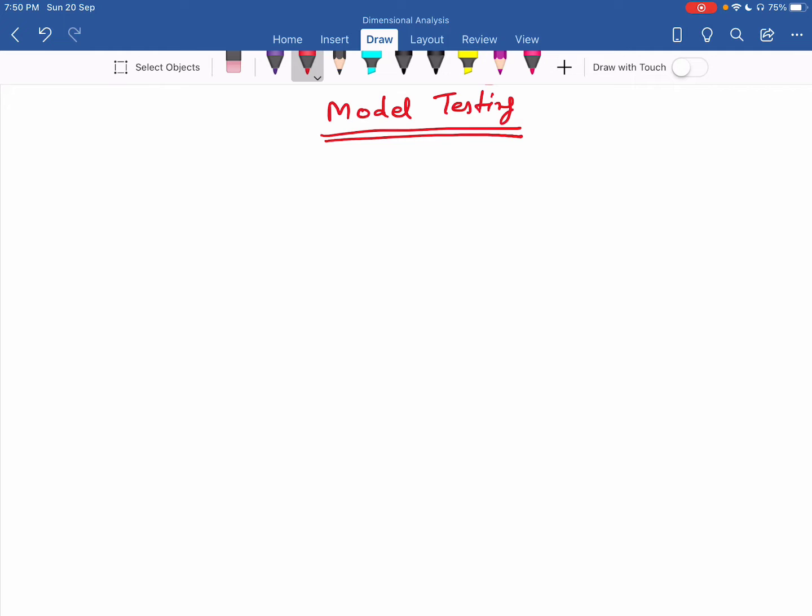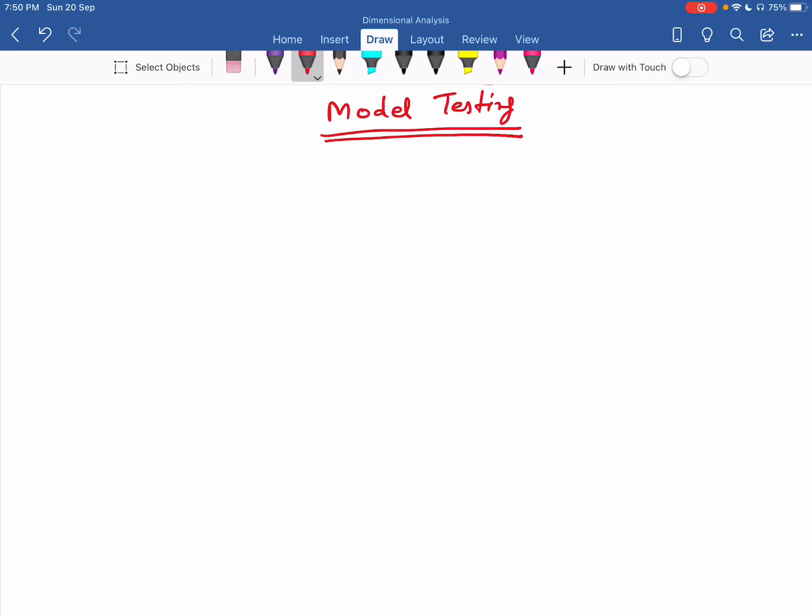So to minimize the chances of failure, it is always desired that the test be performed on small size models of structures or machines, instead of placing the actual machine for practical use. So before its practical use, we have to manufacture its model and do some experiments on that model.